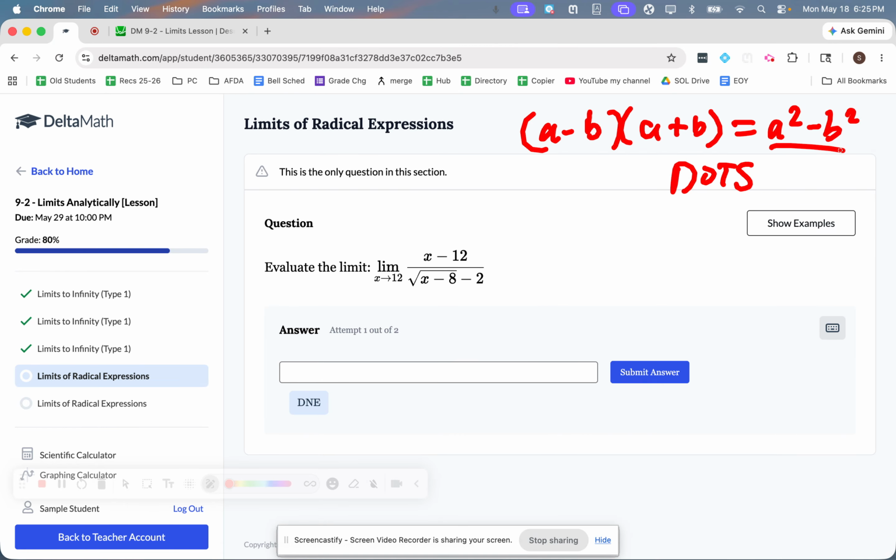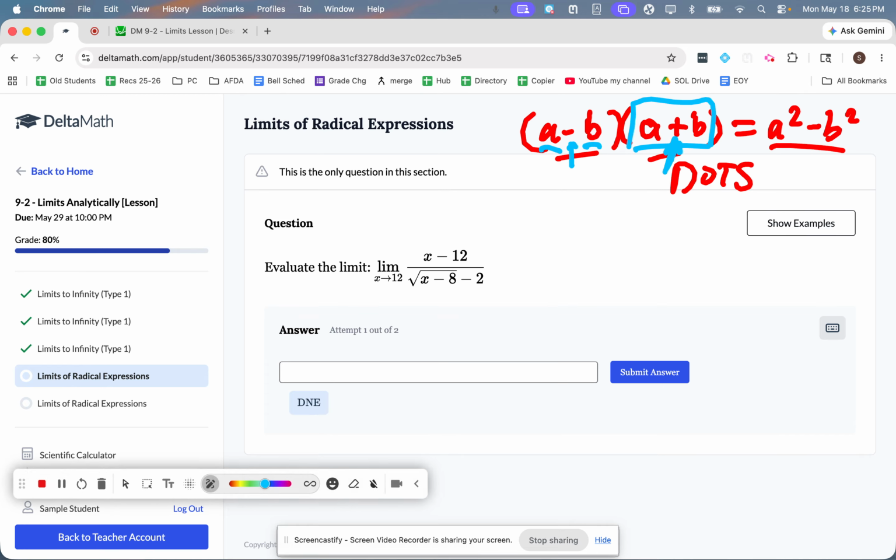This is how you create that difference of two squares, by taking the a and the b and making a new binomial by flipping that sign. You keep the a and the b. This is called a conjugate. They're conjugates of each other.